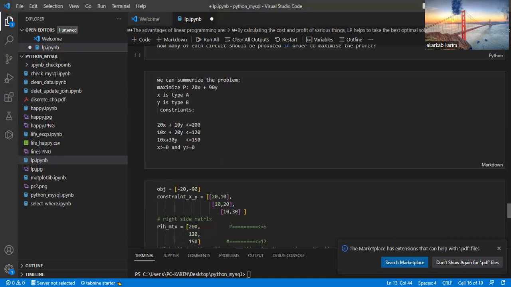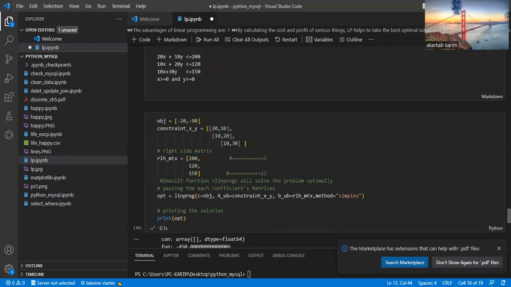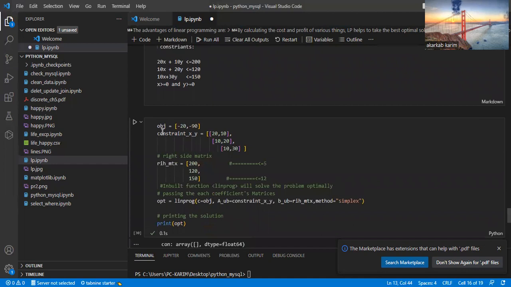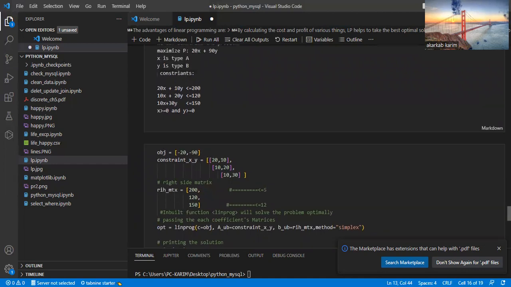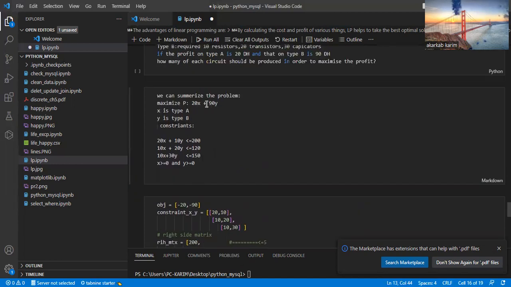So, well, I work here with x and y. This is my objective function, 20 and 90. As we see here, this is the cost or profit function. We have the coefficients of x and y: 20 and 10 here, 10 and 20 here, and 10 and 30 here.